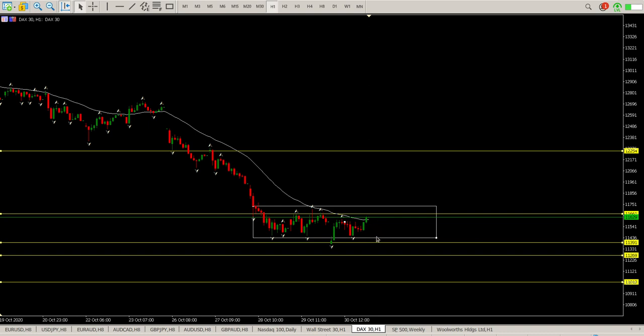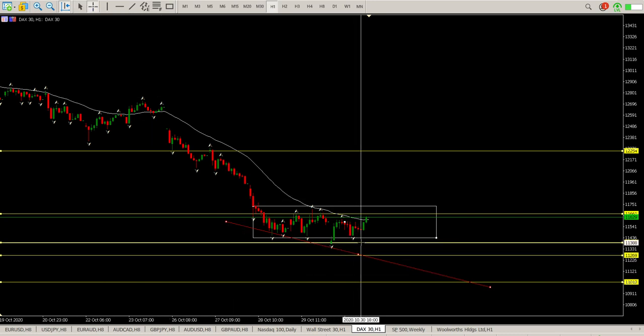If it does bounce down and break here, then if you look here, you've got this little trend line to the downside which lines up with the gap, so it's very possible that we move down and then bounce off here.